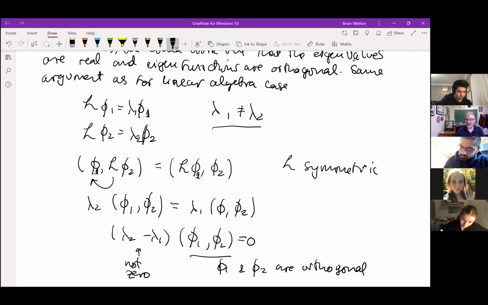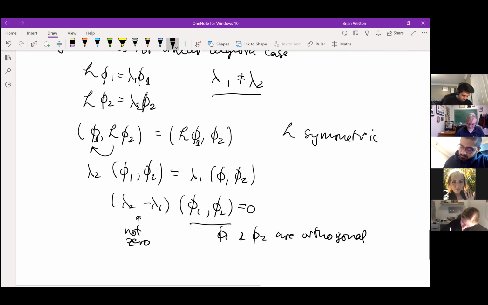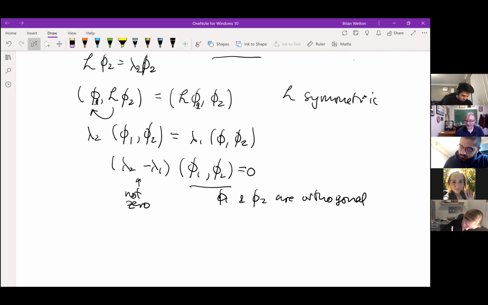So in general, we're going to get orthogonal eigenvectors, eigenfunctions coming from this process. You've seen sine series solutions before.